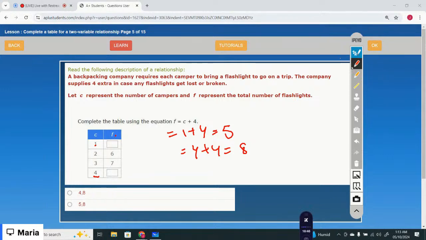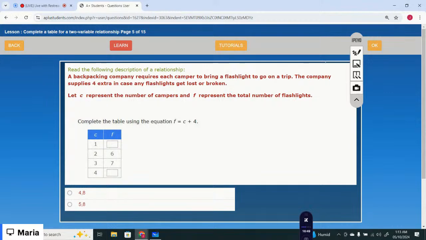That is option number 2. 5 and 8 is the correct option. Got it?